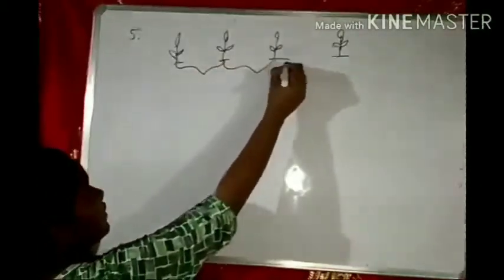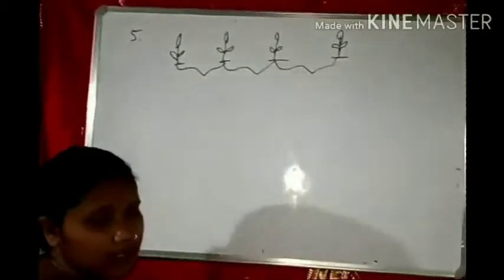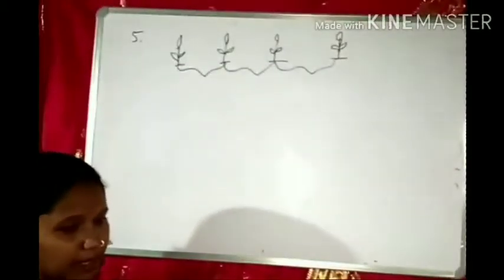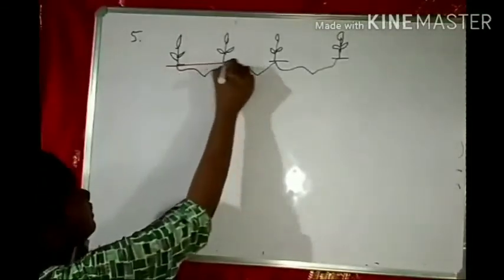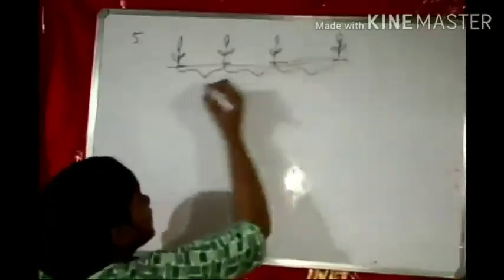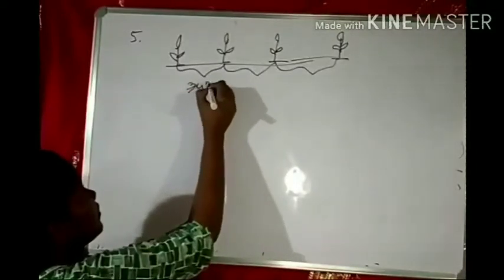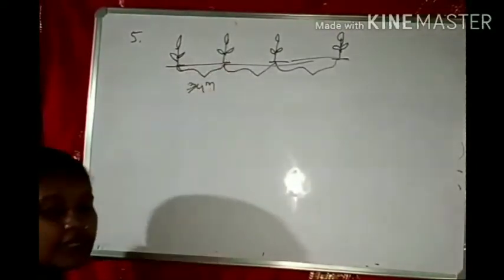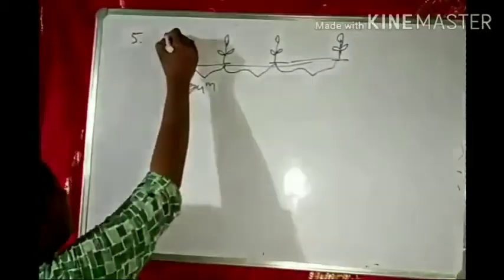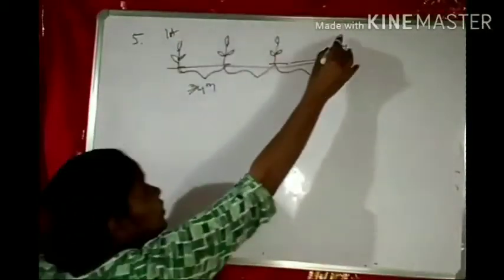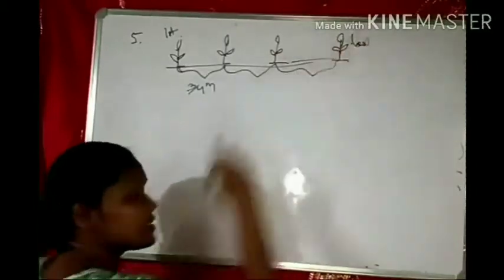So like that, the distance is how much? The distance is 3 by 4 meter. So this distance is how much? 3 by 4 meter. From here to here the distance is 3 by 4 meter. So you have to find the distance between first to last sapling.